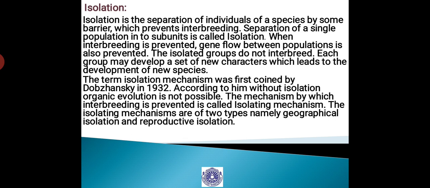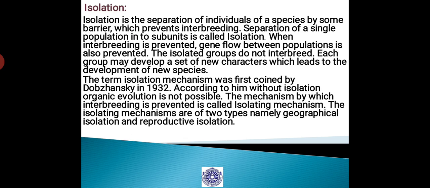So separation of a single population into subunits is called isolation, and when interbreeding is prevented, gene flow between populations is also prevented. And the isolated groups do not interbreed, and each group may develop a set of new characters which leads to the development of new species.